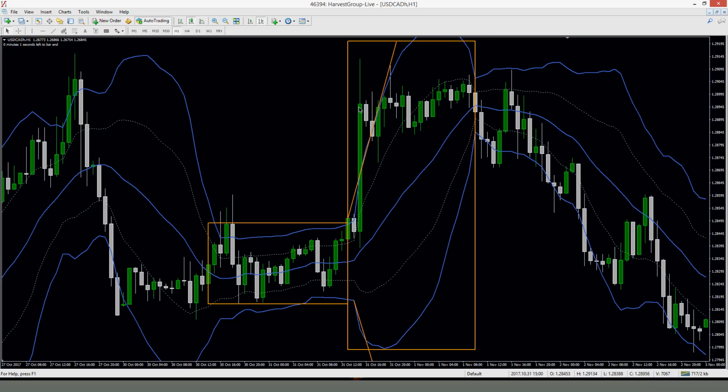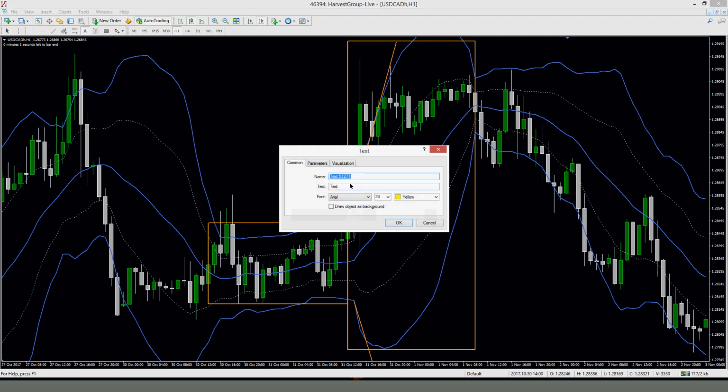Okay, so when you have a momentum Bollinger Band, you need to know the definition of candlestick momentum. Let me just type it down here.